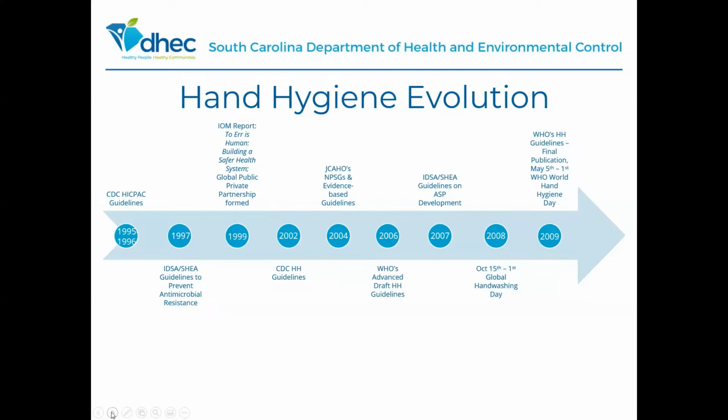In 1999, the Institute of Medicine report came out, To Err Is Human: Building a Safer Health System. This really spearheaded the quality movement within hospitals particularly, but later extended to other healthcare facilities. At the same time, between 1998 and about 2000, we saw the emergence of the Global Public-Private Partnership for Hand Washing.